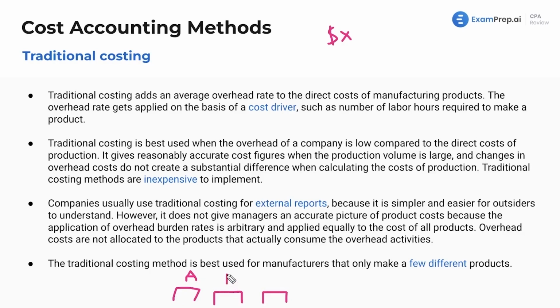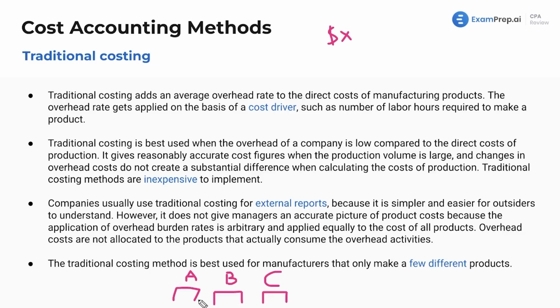But B and C, these are total factories making products. Well, traditional costing would just say, hey, we're going to allocate all the overhead equally among these. And that's great for external reporting because me as an investor, I don't really care how you do it. I just want to see that you make profit. But for these internal individuals at a company, it doesn't make sense to allocate the cost to A because they're not using any of the costs.